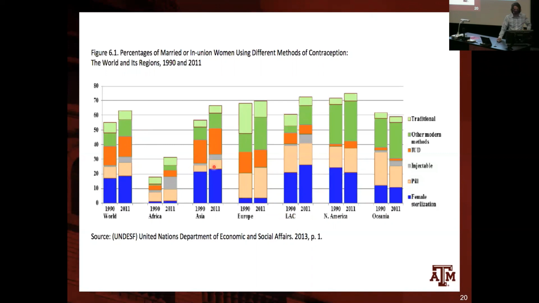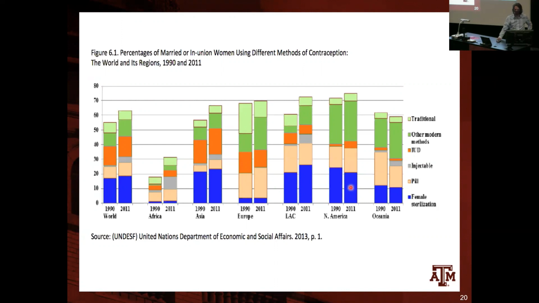In Asia, there is a high percentage of female sterilization, and also IUD. In Europe, you have more pills and other modern methods. So there is more of a mix of modern methods, more variety of methods in Europe, and also in North America. Women are able to better choose out of several options, whatever method they want.